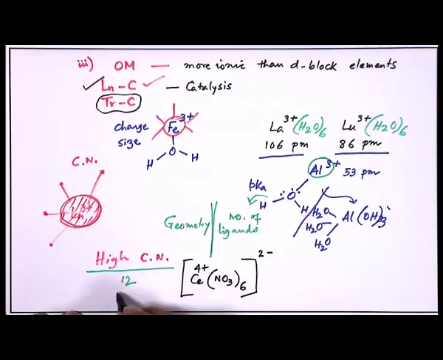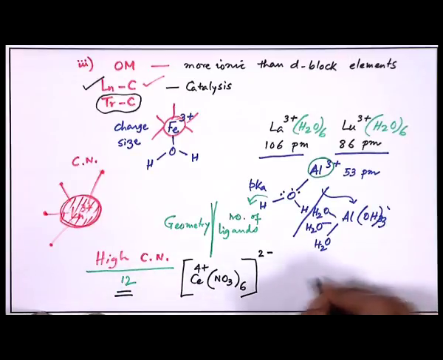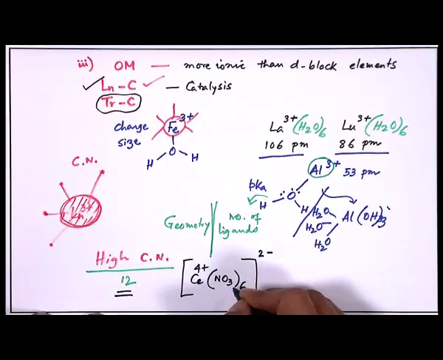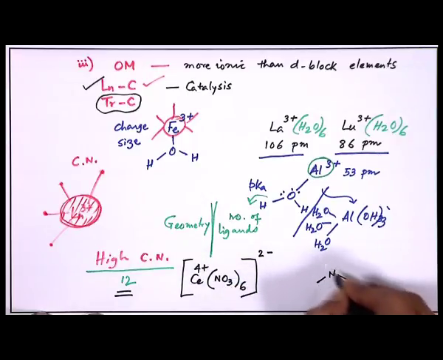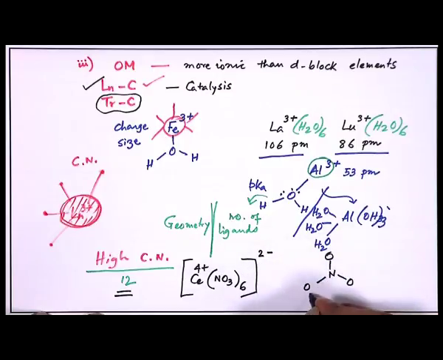If we can go for a coordination number of 12, that means all the oxygens. The oxygens of the nitrate, this oxygen and this oxygen, and another is way out, can form a chelation to the cerium center.